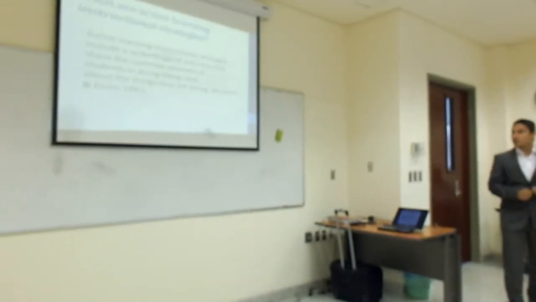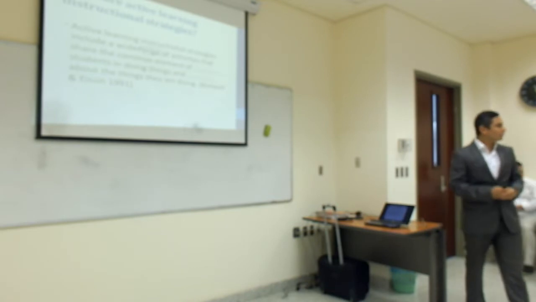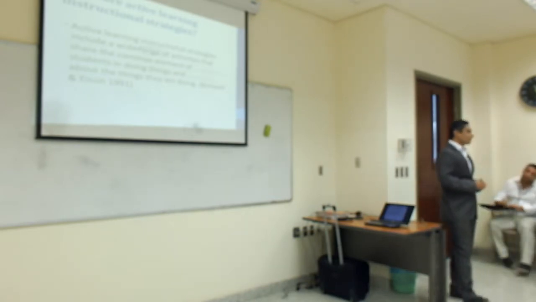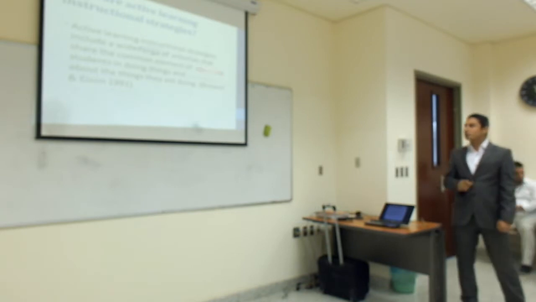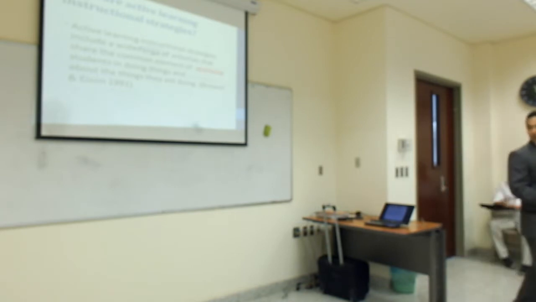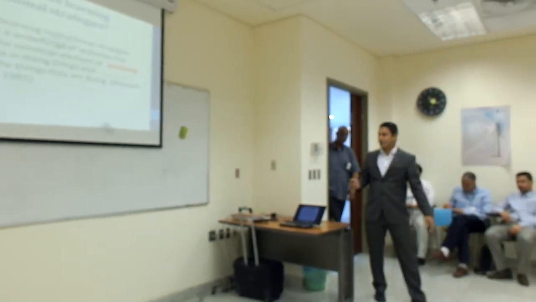Active learning instruction strategies include a wide range of activities that share the common element of what? Can you complete the missing word? Involving students. Involving, exactly, yes. Involving students in doing things, and what about the things they are doing? And reflecting, yes. Thinking, exactly. Reflecting and thinking. So it's not just doing something, but also thinking and reflecting.